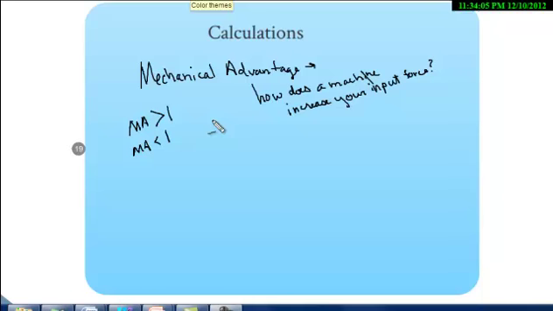You calculate mechanical advantage one of two ways. One is ideal mechanical advantage, that I'm going to abbreviate as IMA. And it is calculated when you're using levers by taking the input distance on your lever and dividing it by your output distance.